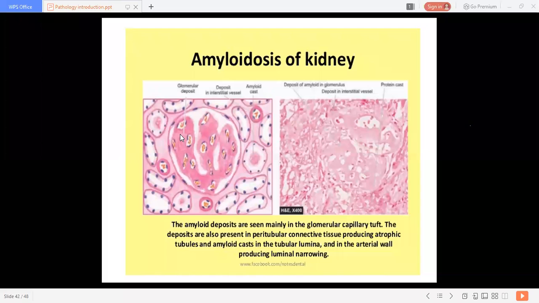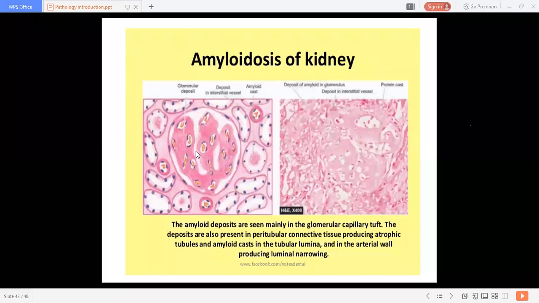The glomerular deposits first appear at the matrix and cause widening of the basement membrane. Whenever amyloid gets deposited at the level of the matrix, it causes widening of the basement membrane, and this further causes capillary narrowing.